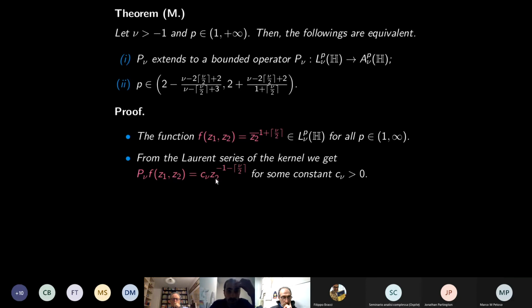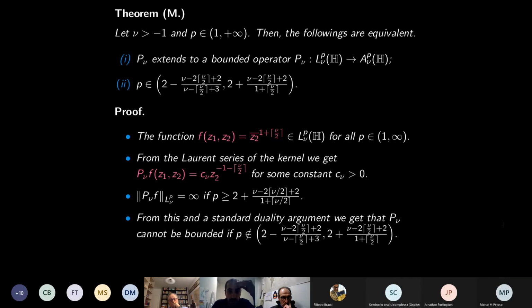Up to a constant, the projection of this function f is just the monomial z2 to the power -1 minus the ceiling function of nu over 2. And so now the LP norm of this function is easily computed, and we conclude that the weighted Bergman projection cannot be bounded on LP if p is greater than or equal to this quantity here, which is the same quantity that appears here.